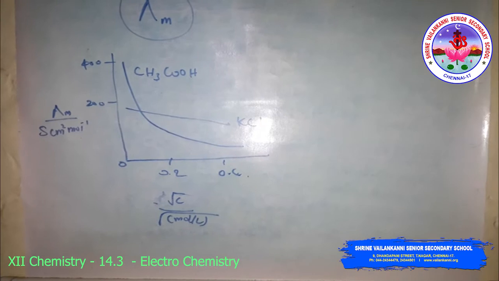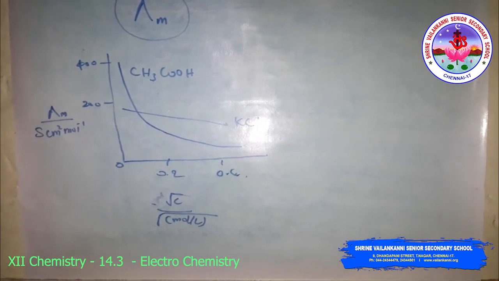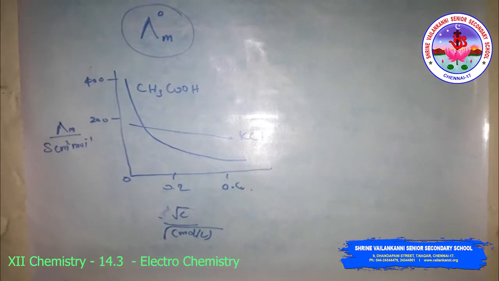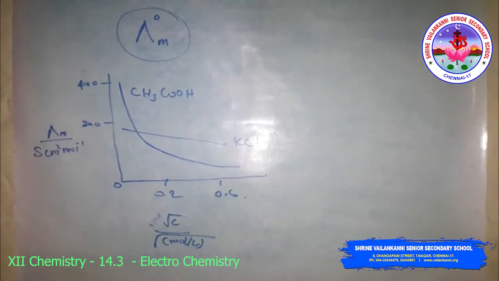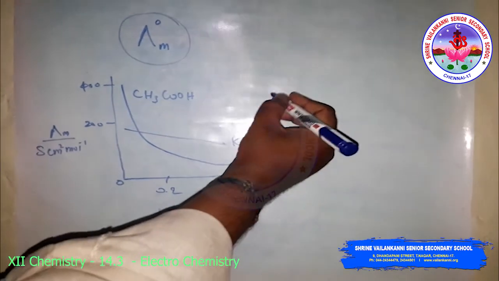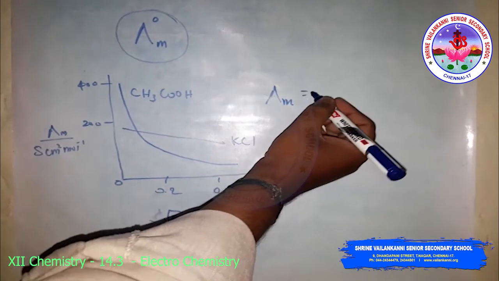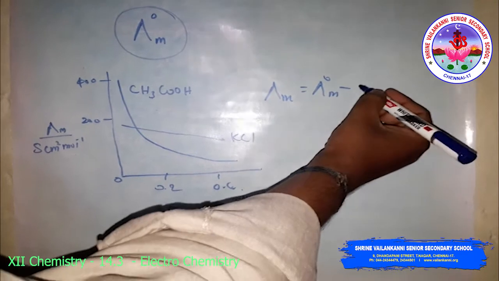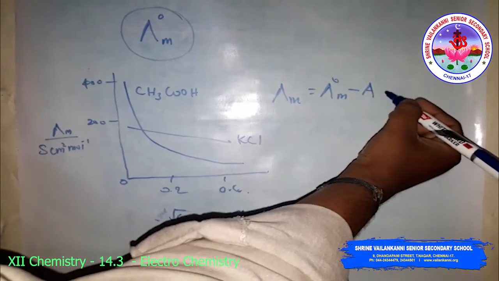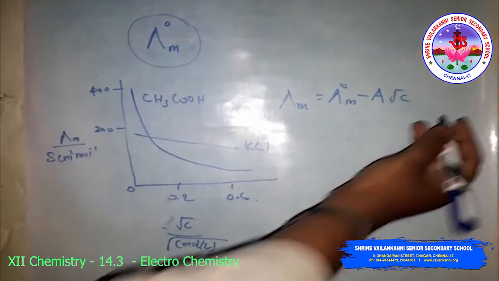First we will see the strong electrolyte. For strong electrolytes, the molar conductivity increases slowly with dilution. This can be explained by the equation: molar conductivity is equal to limiting molar conductivity minus A root C, or C power half.